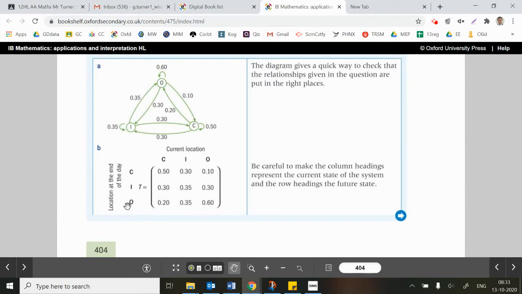Now, in this example, we also looked at the probabilities of where the bikes end up after multiple days. So if you apply this matrix, say, to the power of 3, then you'll get probabilities which show you where the bicycles are likely to end up after 3 days.